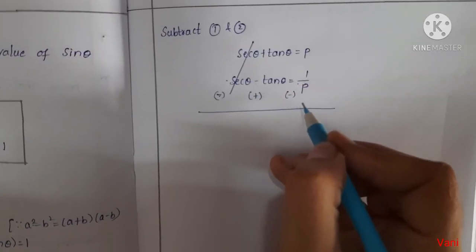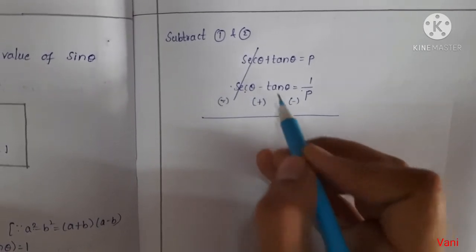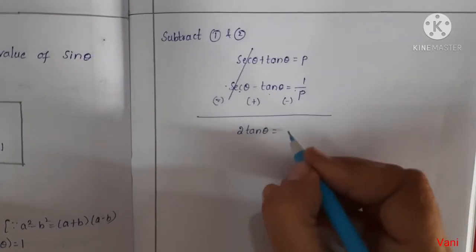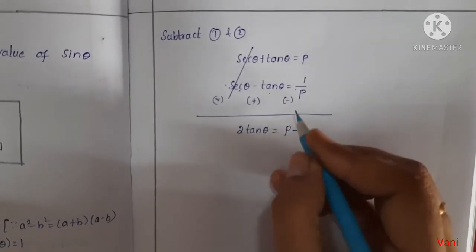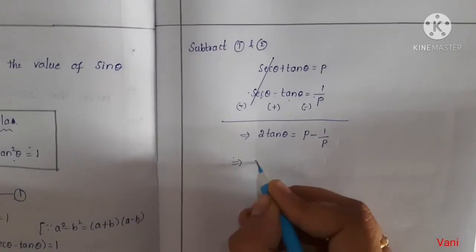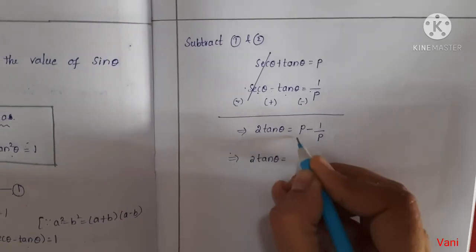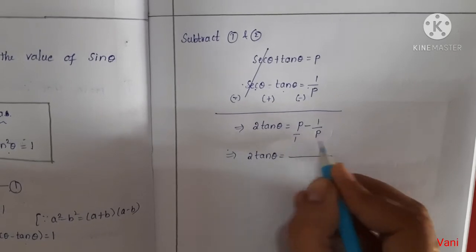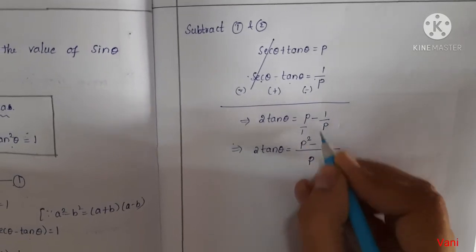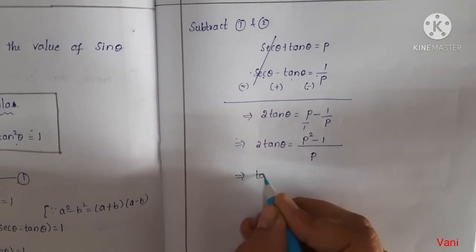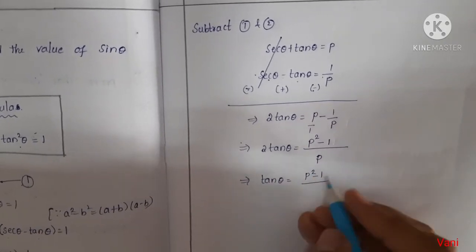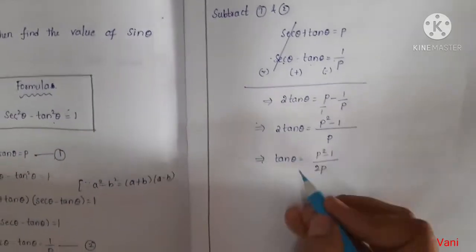Next, tan theta plus tan theta gives 2 tan theta is equal to p minus 1 by p. Here we changed the sign to minus, so you get minus 1 by p. So take the LCM of the denominators 1 and p. Cross multiply: p into p, p square, minus 1 into 1, 1. So tan theta is equal to p square minus 1 by 2p. So now we have the tan theta value.